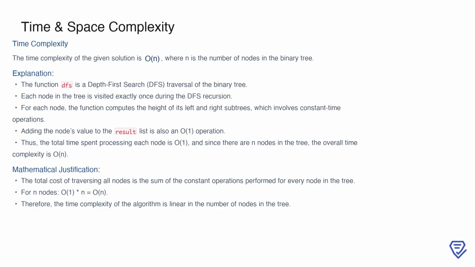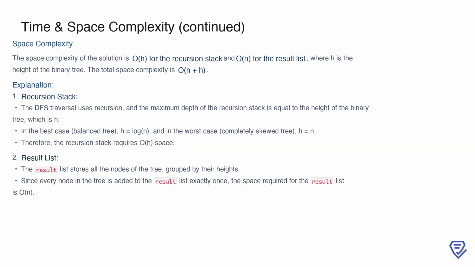Now, let's discuss the space complexity of the solution, which is O(h) for the recursion stack and O(n) for the result list, where h is the height of the binary tree. First, the recursion stack space is determined by the depth of the DFS traversal. In the best case, where the tree is perfectly balanced, the height h is log n.